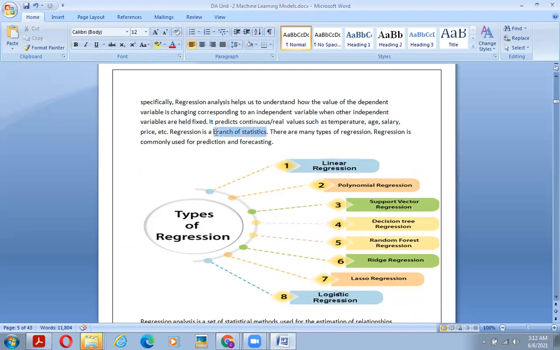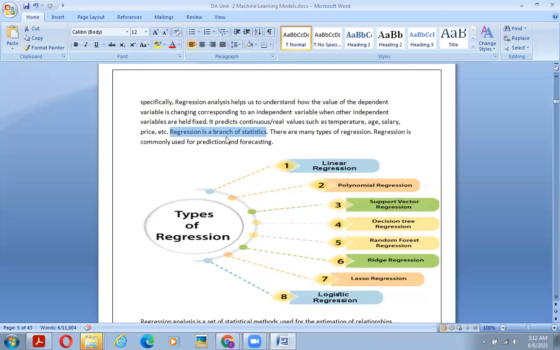Regression is a branch of statistics. In the previous lecture, we understood how statistics helps us understand data, moving towards big data collection and building a network of data, a data warehouse.